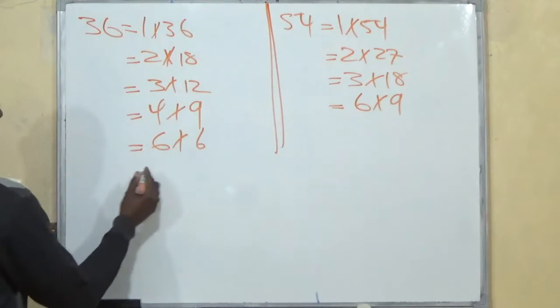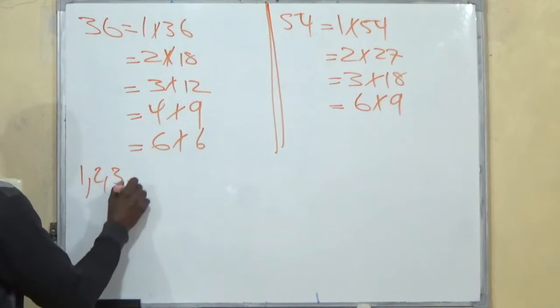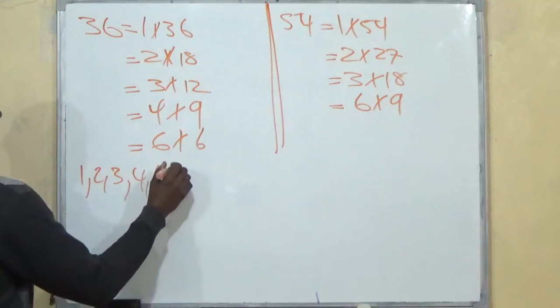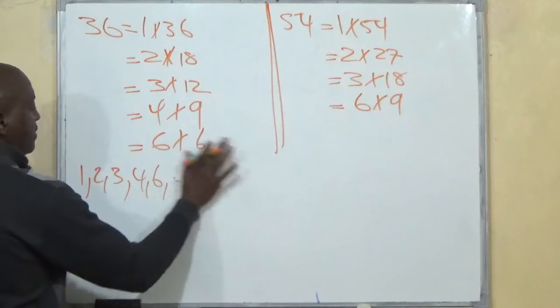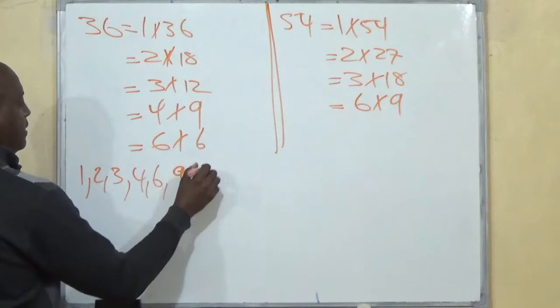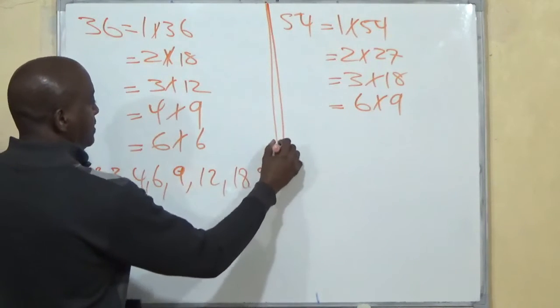So we had said here that the factors of 36 would have been 1, 2, 3, 4, 6, sorry, 9, 12, 18, and 36 itself.